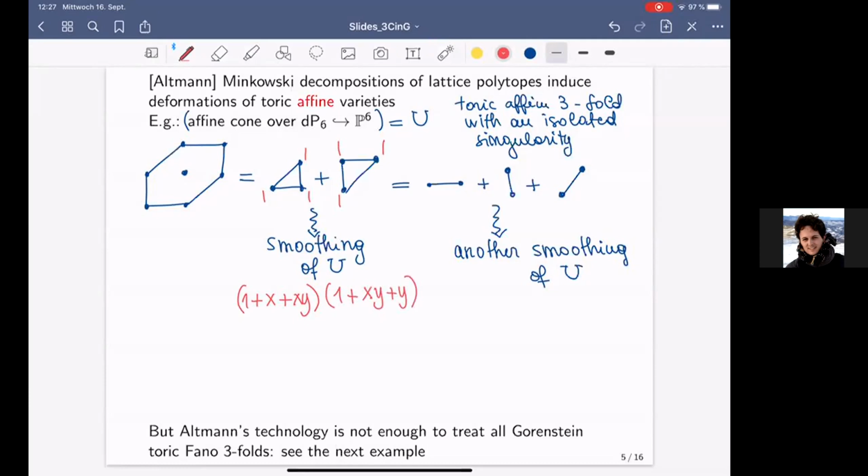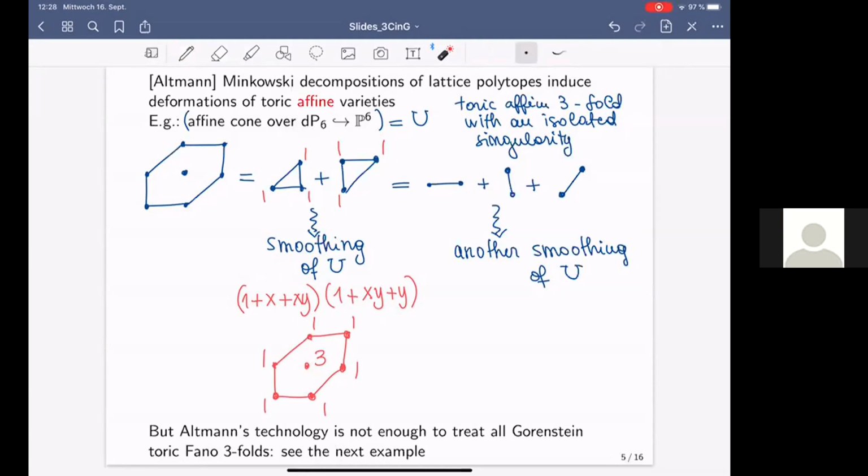And then basically the Minkowski sum is just the Newton polytope of the product. And if you consider this product, then you will discover that you get this polynomial. Yes. So basically the coefficient of the interior point is just 3. This is because there are 3 ways you can take a monomial here and a monomial here such that you get the center of this hexagon.